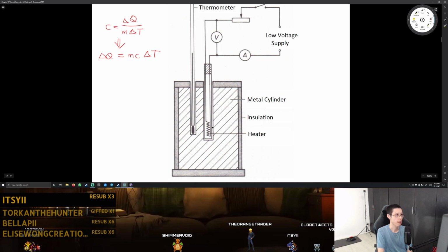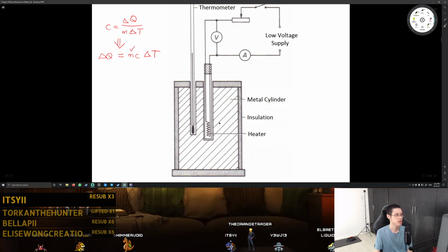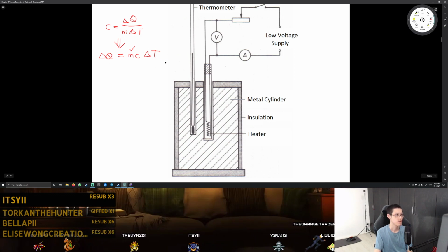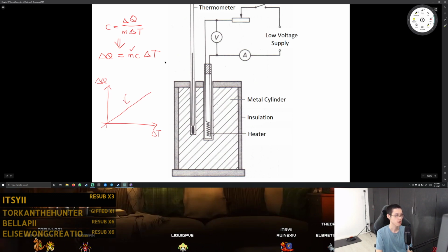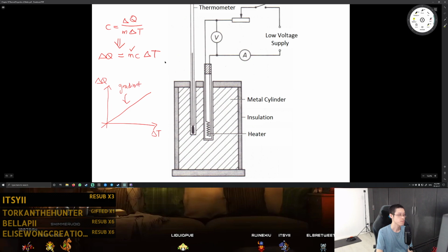Okay, so we've got M. And the two variables in this experiment are actually delta Q and delta T. This C is actually a constant. So if you were to plot a graph of delta Q against delta T, you would expect to see a straight line that passes through the origin. And the gradient of this straight line is going to be equal to C.